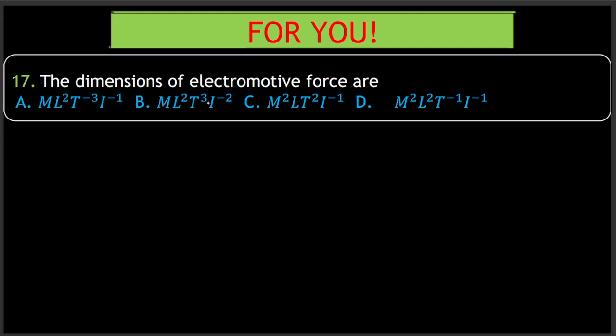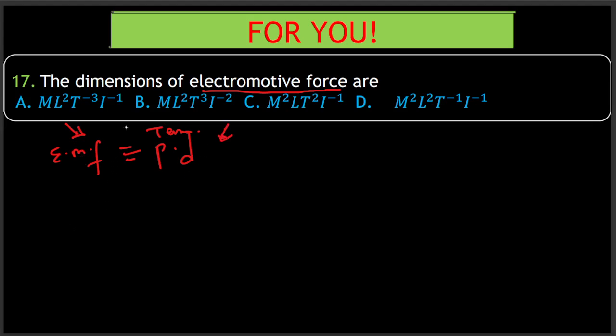All right, so finally, let's look at question number 17. The dimension for electromotive force. Now, I know that EMF is equivalent to potential difference, right? Sometimes we bring in the dichotomy by putting terminal here and say terminal potential difference. EMF is the potential difference across the terminals of a battery in an open circuit, while terminal potential difference is when in a closed circuit.